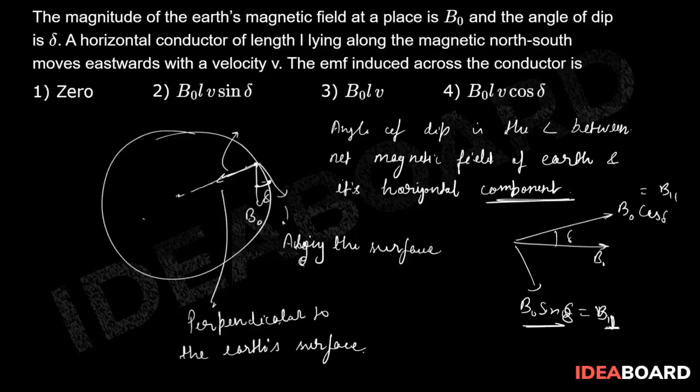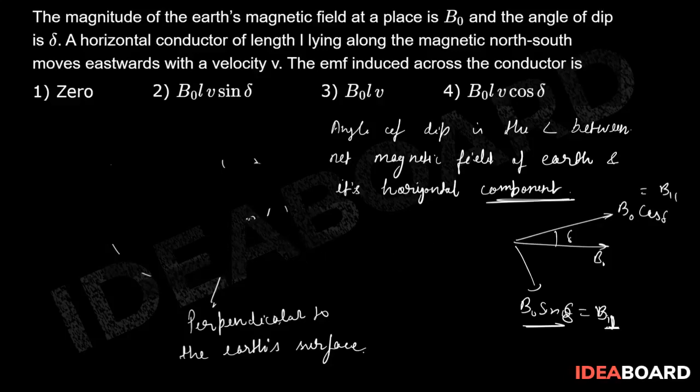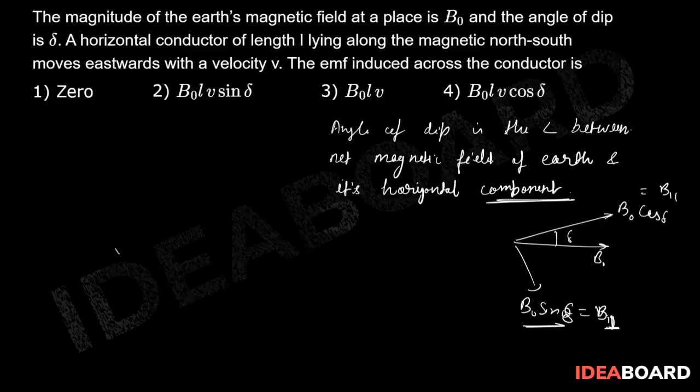So now coming back to the question, once we understood what is the angle of dip, the given question says that there is a conductor which lies along the y-axis, and it moves along the x-axis with velocity v.